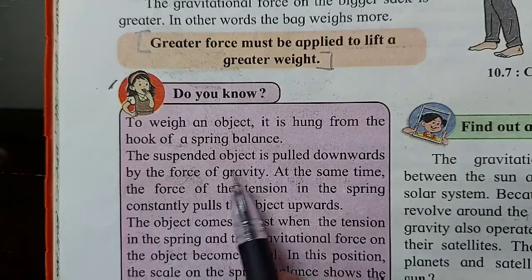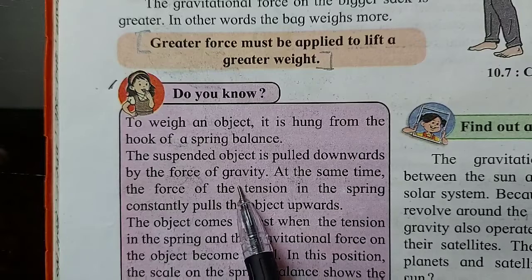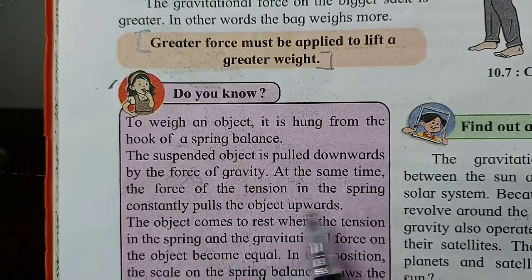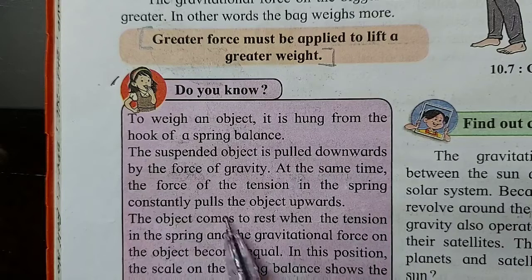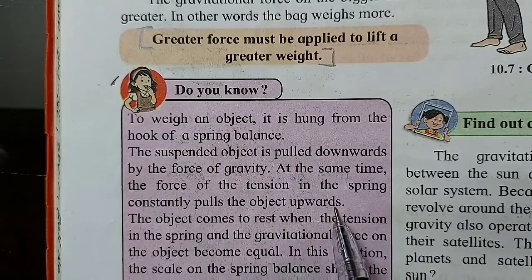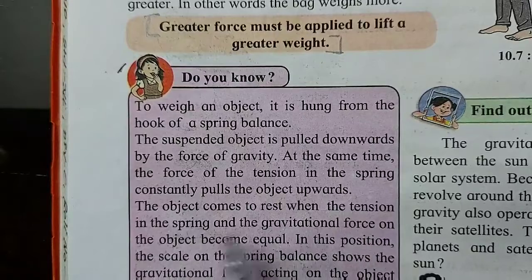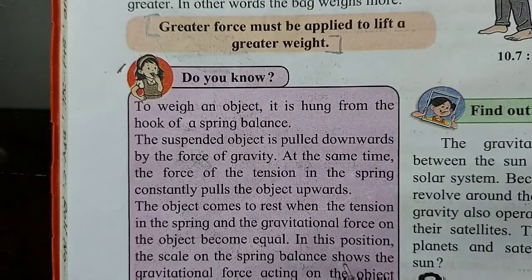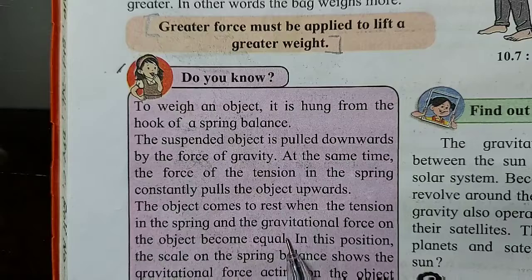Then the suspended object is pulled down by the force of gravity. At the same time, the force of tension in the spring constantly pulls the object upwards. The object comes to rest when the tension in the spring and the gravitational force on the object become equal.